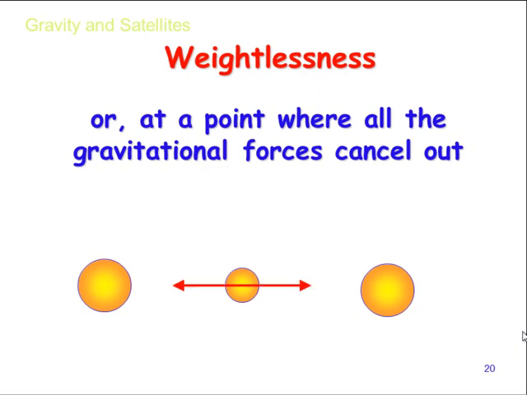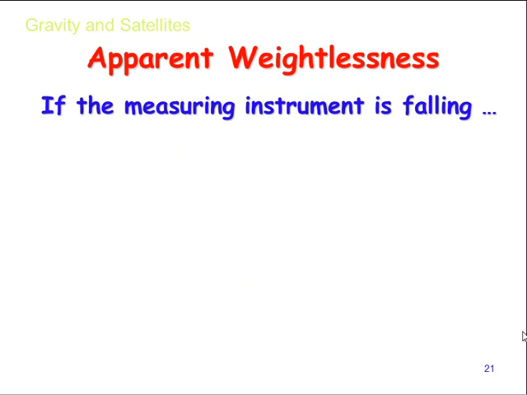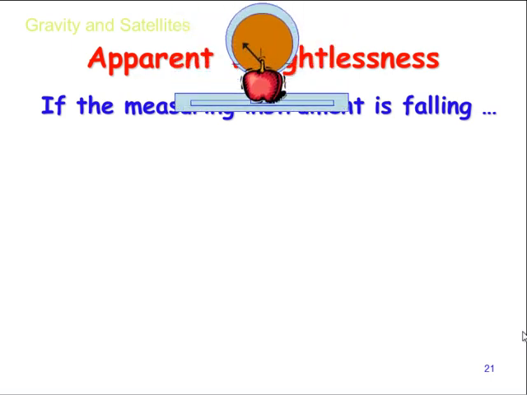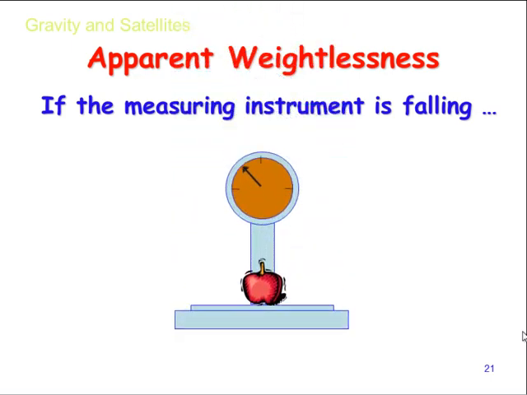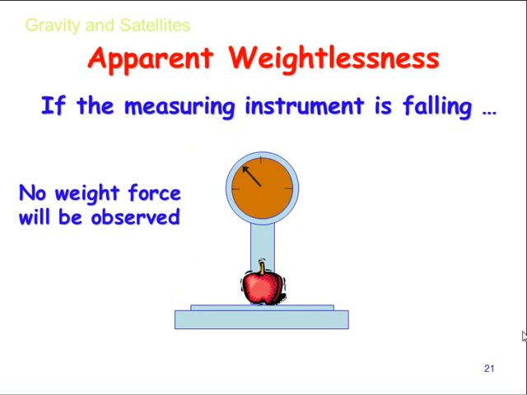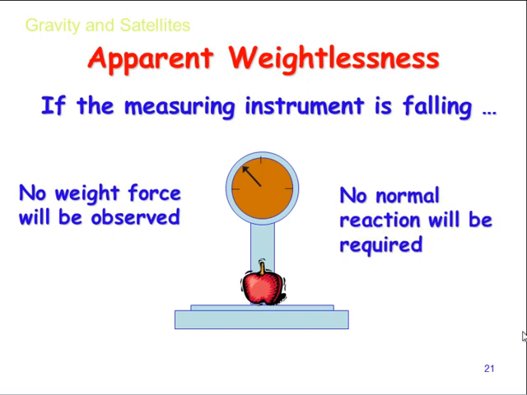So if you were at a midpoint, or at a zero point where there were equal and opposite forces acting from different planets, then the net force would be 0, and so you would effectively be weightless. Now, if the measuring instrument was falling, then you're falling at the same rate and no weight force would be observed. You would not be able to apply a normal reaction force because it's a non-inertial frame of reference.